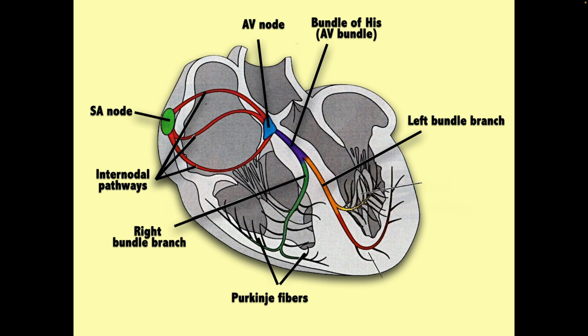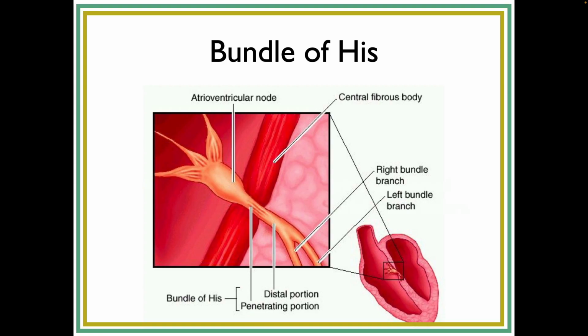It goes from large to small, the way that blood vessels will go into capillaries. And they infiltrate the myocardium. Again, the purpose of the Purkinje fibers, the purpose of the conduction system, is to deliver electricity extremely quickly to all parts of the heart. There's just a better picture, the bundle of His.